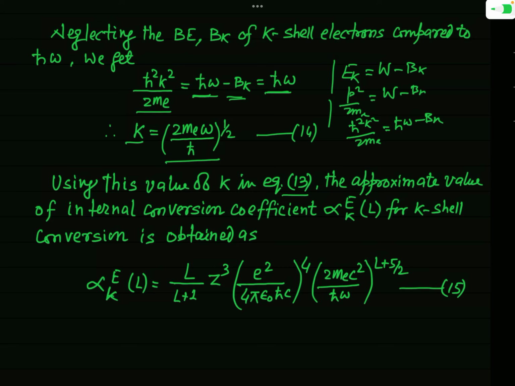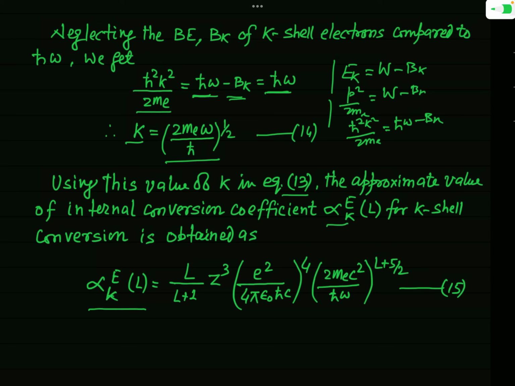So taking all these things into account, what will be the internal conversion coefficient? The internal conversion coefficient is simply the reciprocal of that lambda. So this is α_KE of L. Here E represents the electric multipole moment, and K represents the ejection from the K shell.